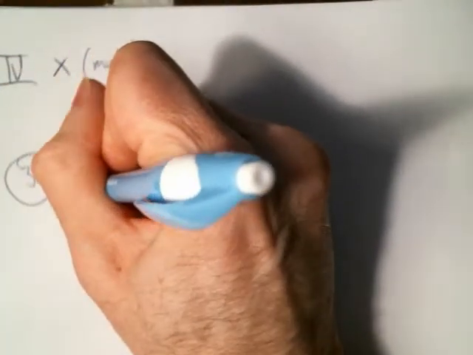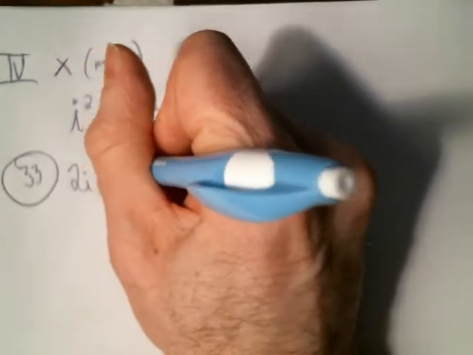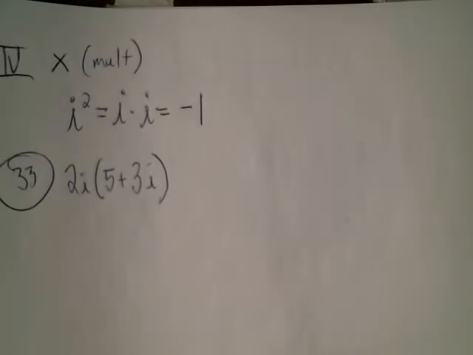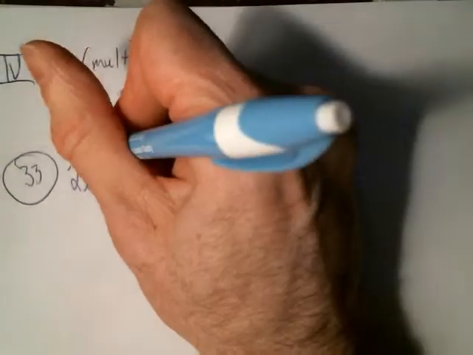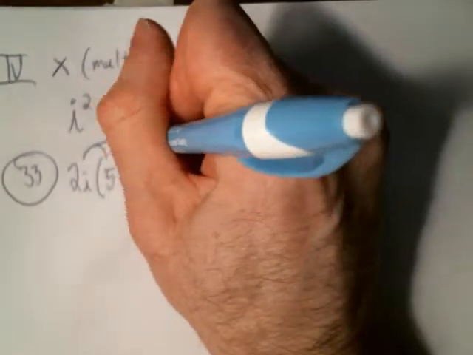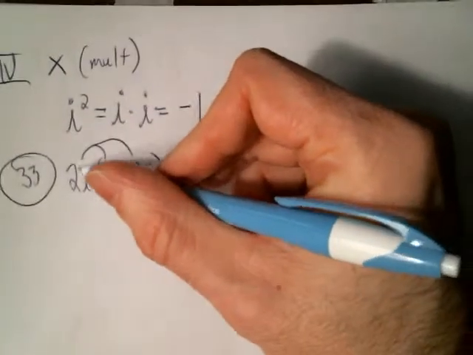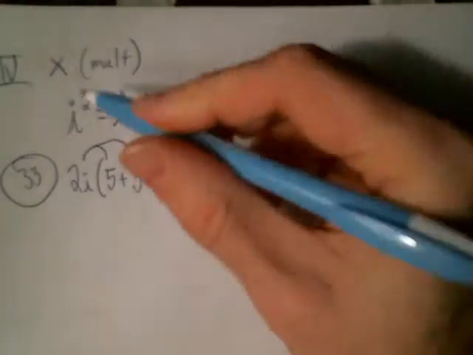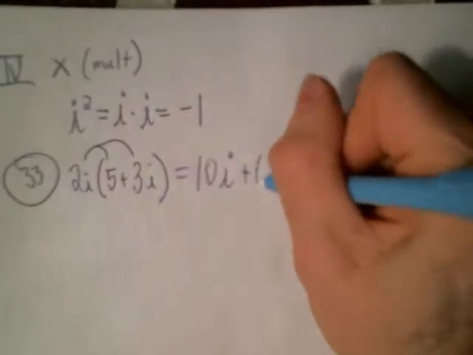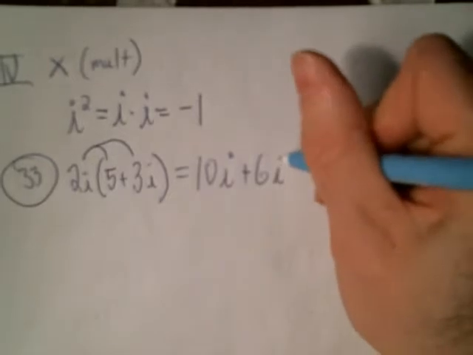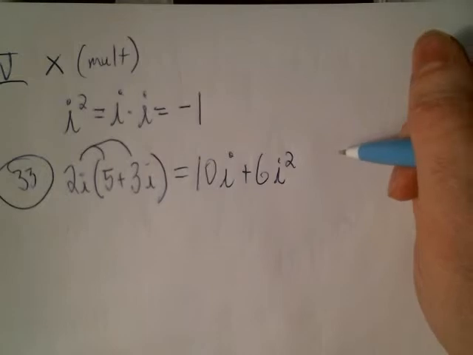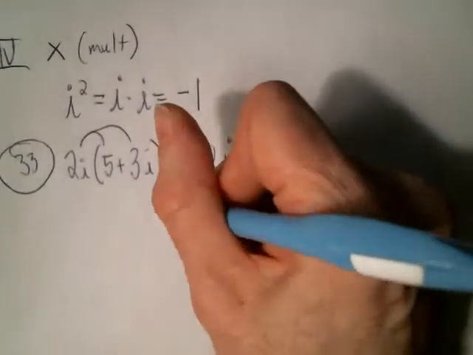We have 2i times 5 plus 3i. So you distribute. So the first one, it would be 2 times 5 is 10 times i. And then the second one, 2 times 3 is 6 times i, so i squared. And then you replace the i squared with a -1.